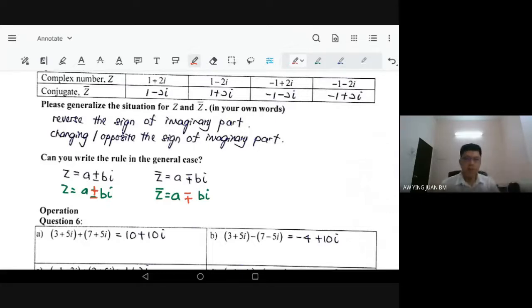Inilah dia. So, ini kita panggil bank of strategy. Catat benda yang baru, bank of strategy, which is the conjugate. Okay, perlu catatlah, bank of strategy.